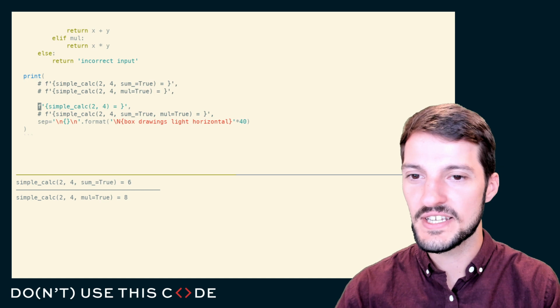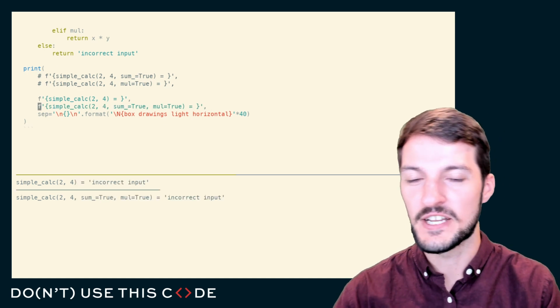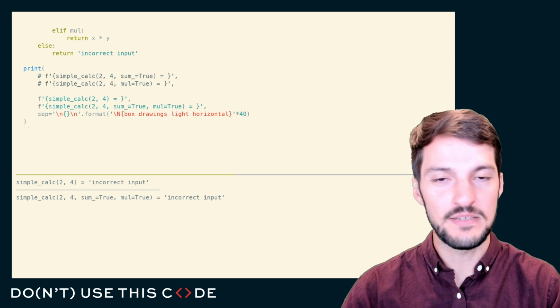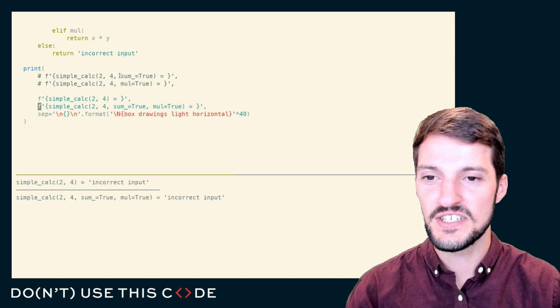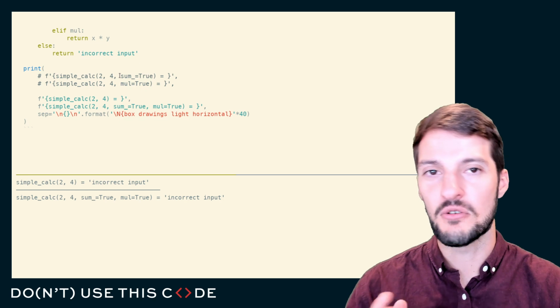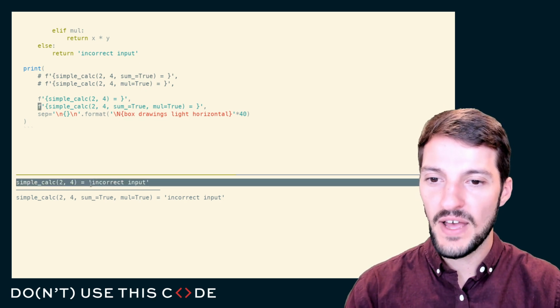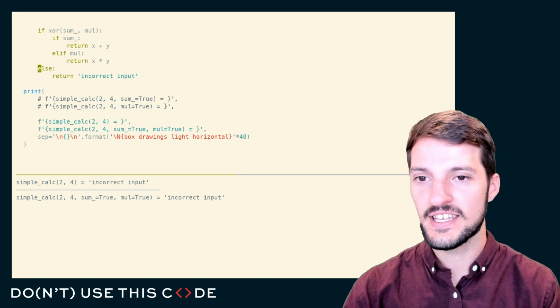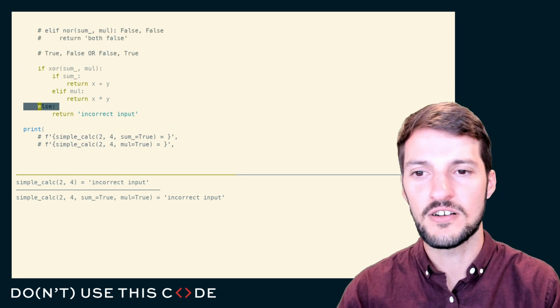But where this gets a little dicey is if I have invalid inputs, right? And I would typically raise some type of value error here, some type of error in a general sense, but I'm simply returning incorrect input just so we can keep the program running and I can demonstrate the output. If I do not input a flag, this XOR returns false, which is what I want in the long run, right?